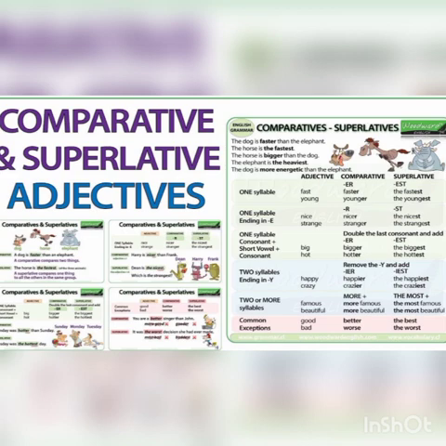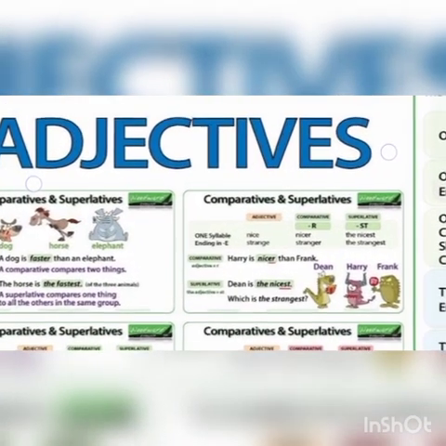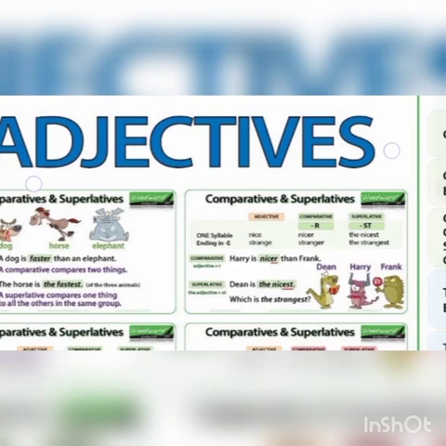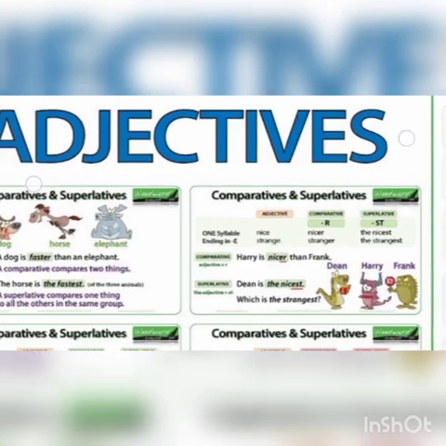How to manage these adjectives in order to compare two things, or superlative in order to compare one thing to all the others in the same group. Voy a repetir. Un comparativo compara dos cosas. En cambio, el superlativo compara una cosa de todas las otras cosas del mismo grupo. Y eso está acá.